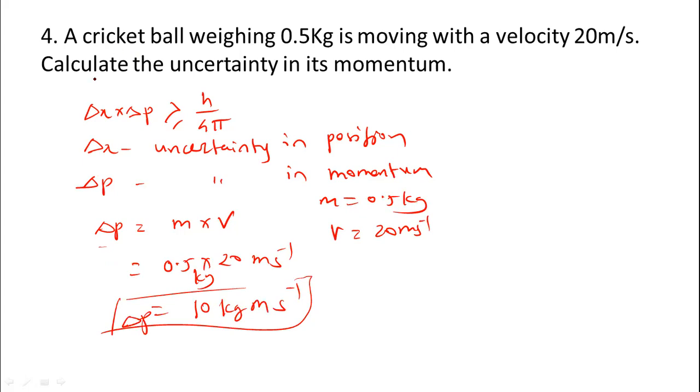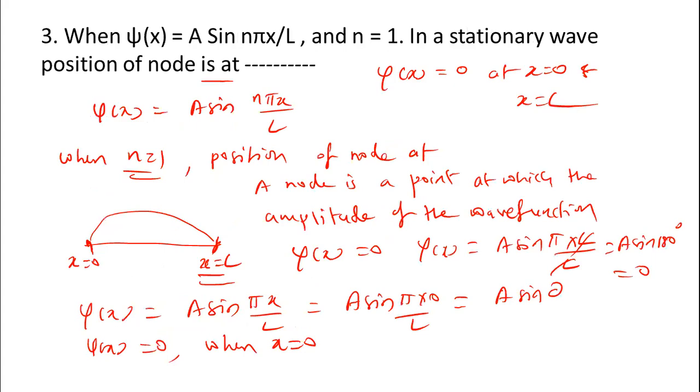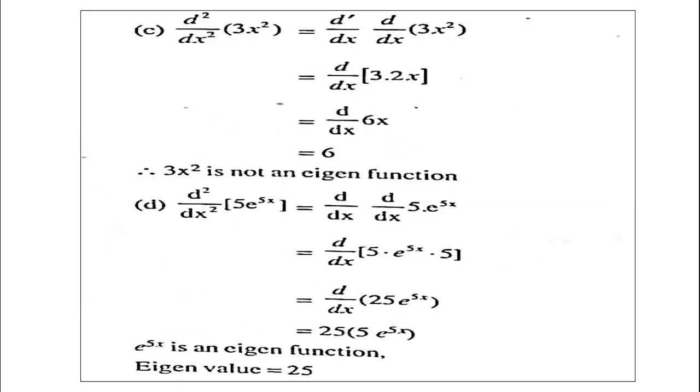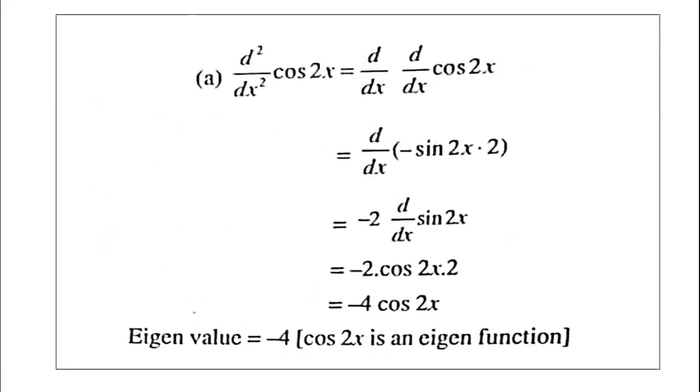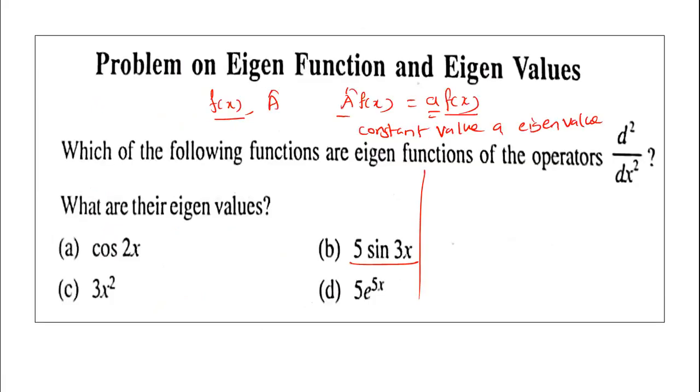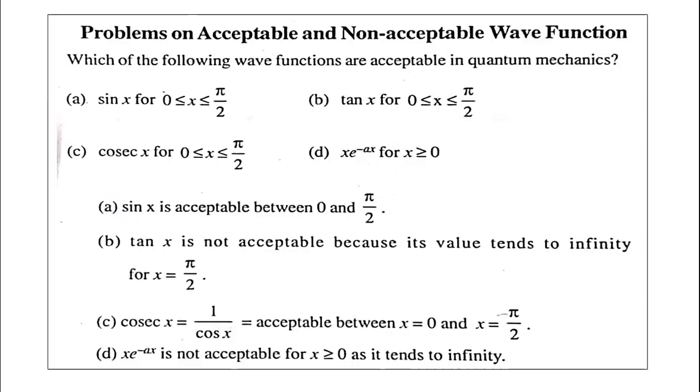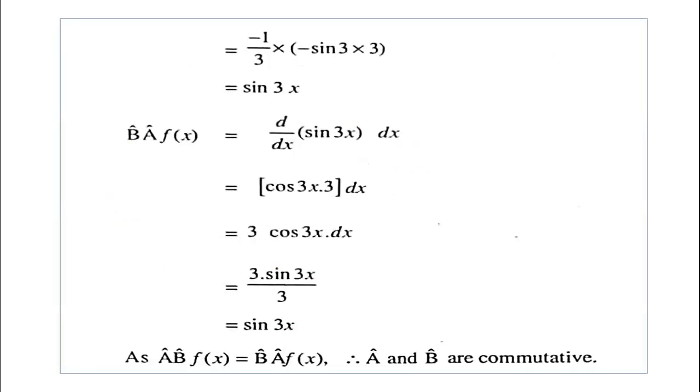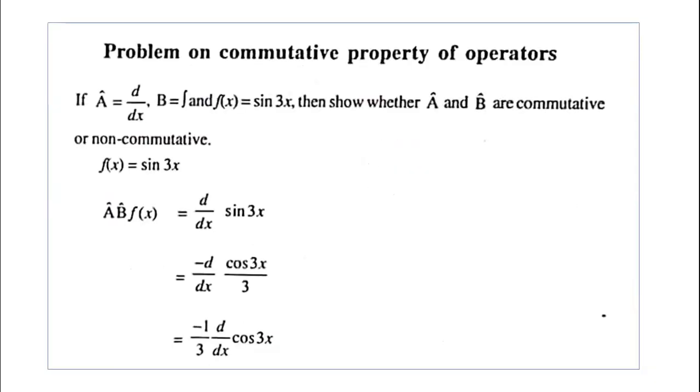In this way we can solve this problem. A number of problems are given belonging to the Heisenberg uncertainty principle. So in this way we solved some problems related to quantum mechanics.